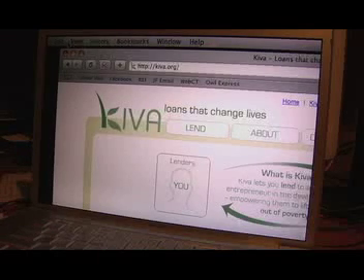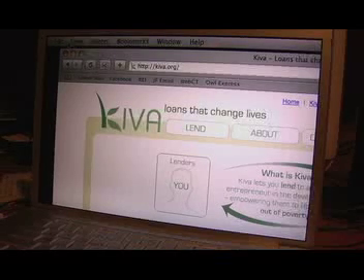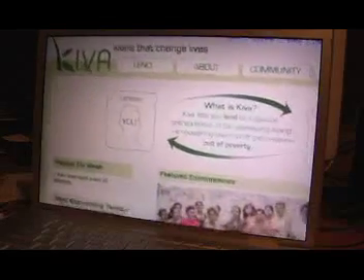So you lend out maybe $25, and then they spread that to different banks and different nonprofit organizations around the world, where they disperse the money to people that are trying to start a business. And this is very effective because it just doesn't give people money that they may use improperly. So what it does instead is it allows people to further their business in the way they want to.